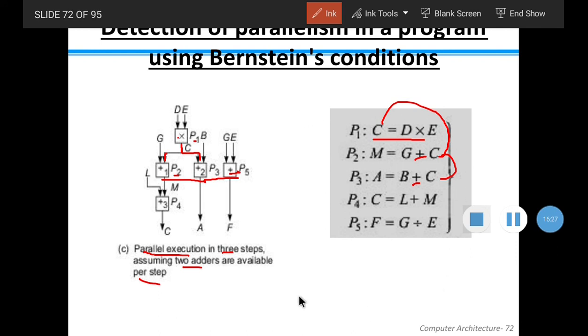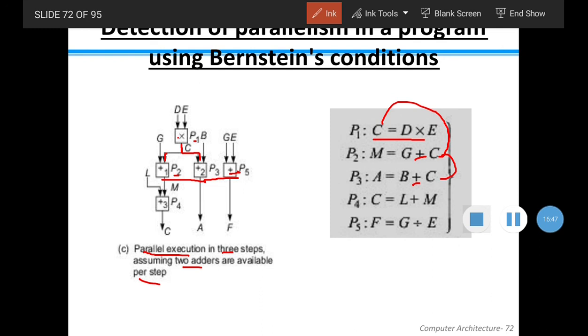Whenever a program is given, we have to find anti-dependency, flow dependency and output dependency, and try to remove those dependencies by adding more hardware or some other logic.